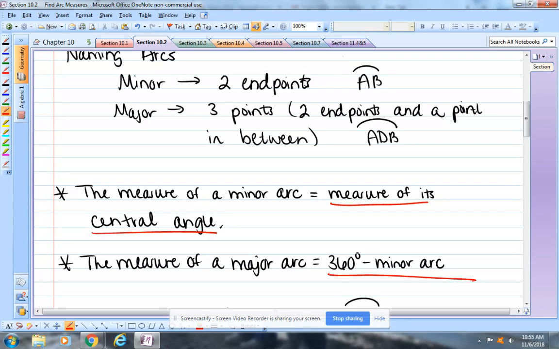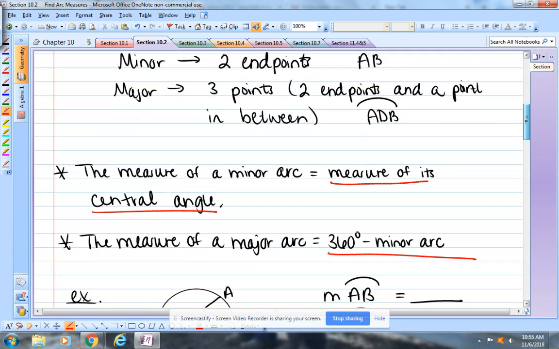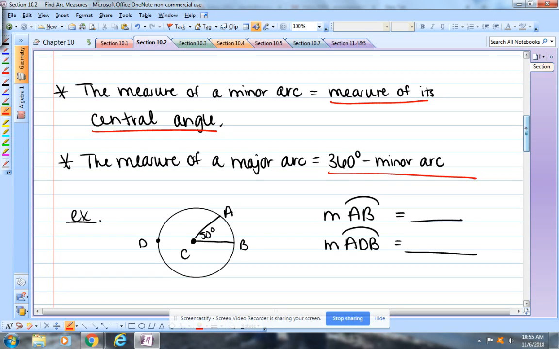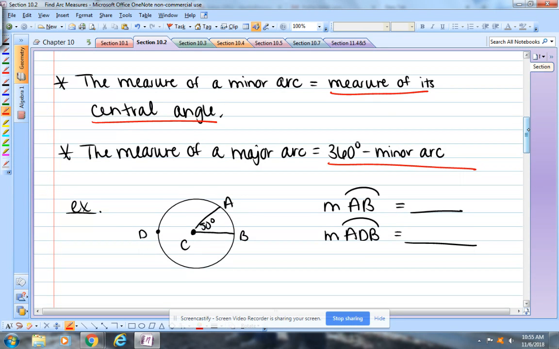This will make more sense when we work some problems, which is coming right now. Draw this picture on your notebook paper. That's terrible handwriting in there. That's supposed to be 50 degrees.